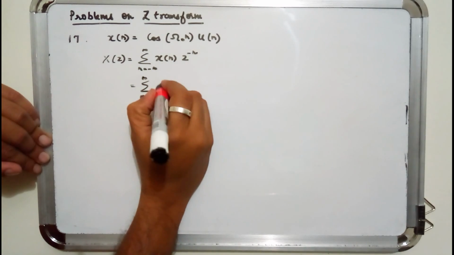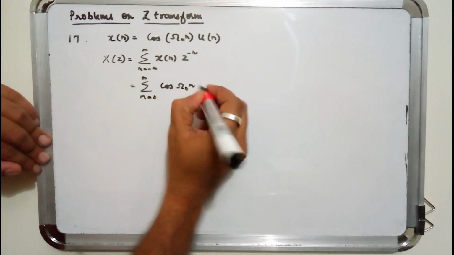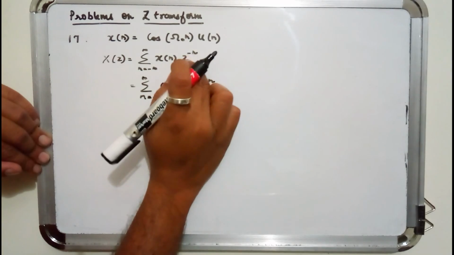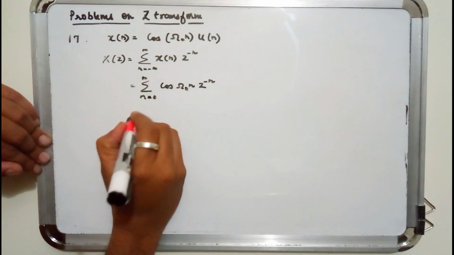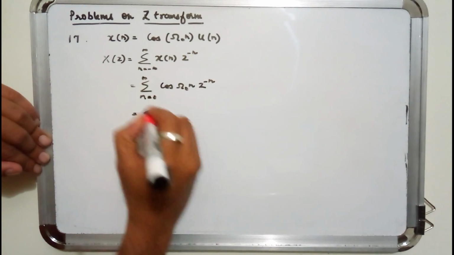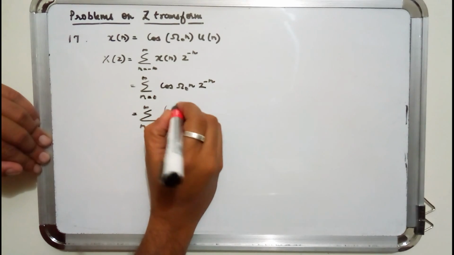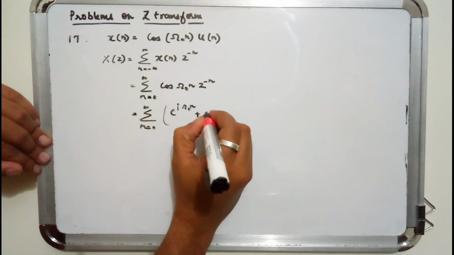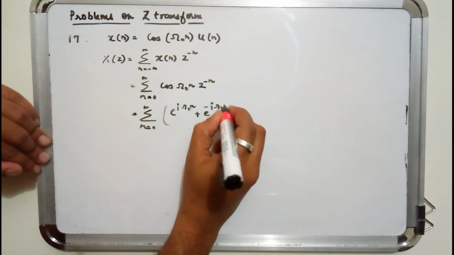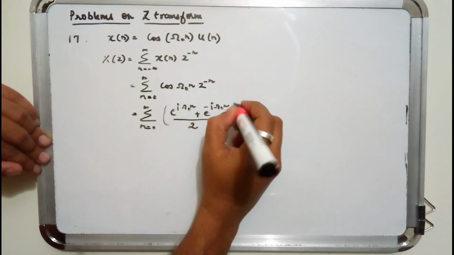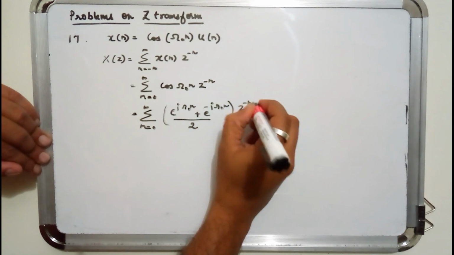What is x of n? It is cos omega naught n z power minus n, because u of n value is 1. So I'll be getting summation n is equal to 0 to infinity, cos is e power j omega naught n plus e power minus j omega naught n divided by 2, into z power minus n.